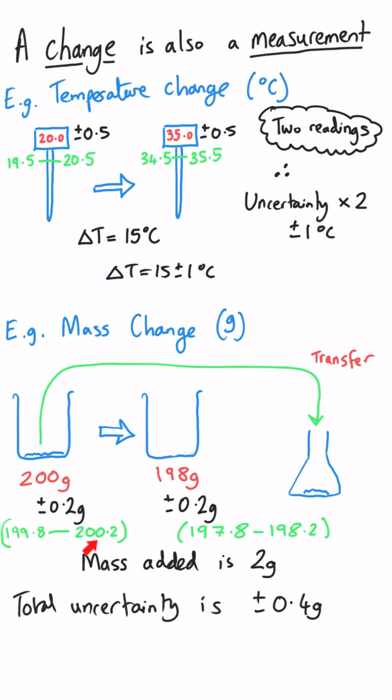And that's because the difference between this upper value and the lower value is 2.4, whereas the difference between the lowest value here and the upper value here is actually only 1.6. And in the same way, our temperature change could be anything between 14 degrees C and 16 degrees C.